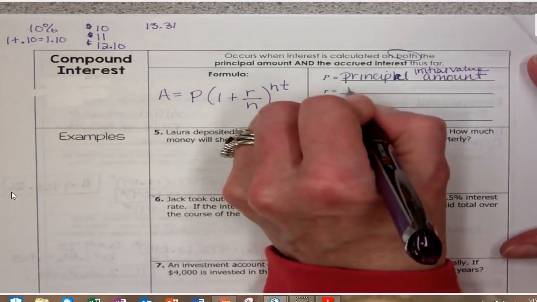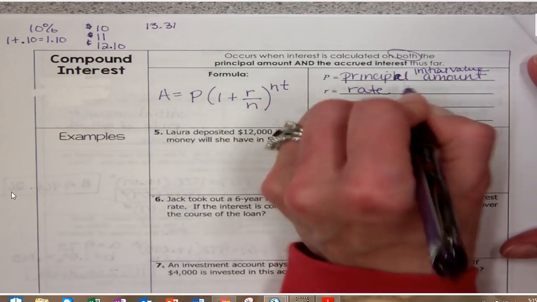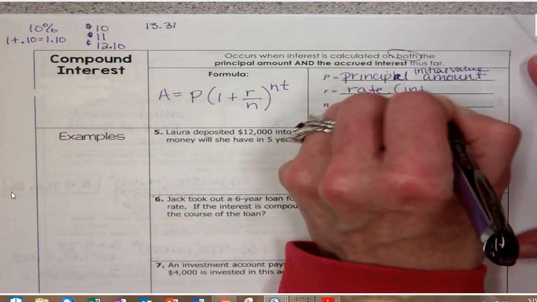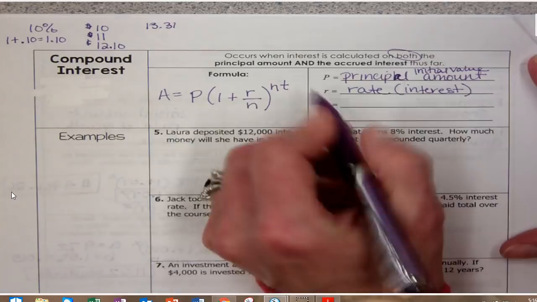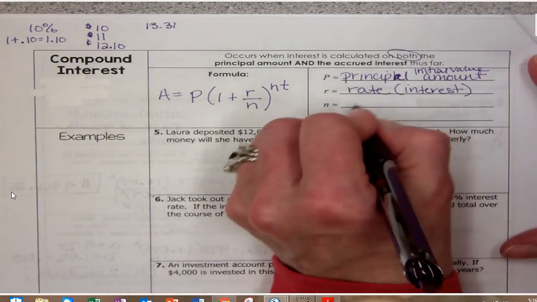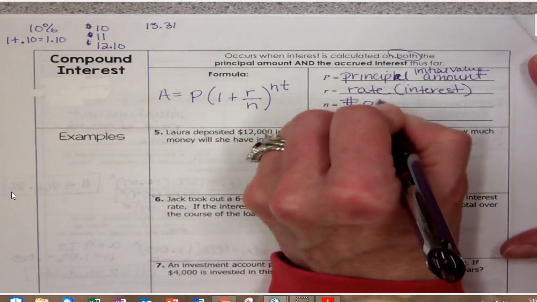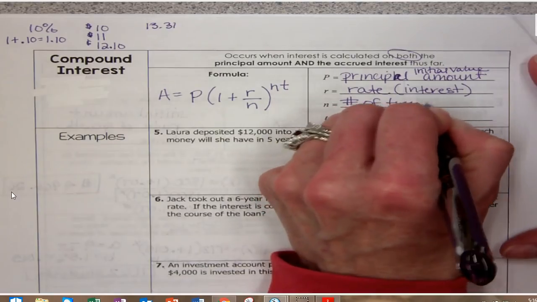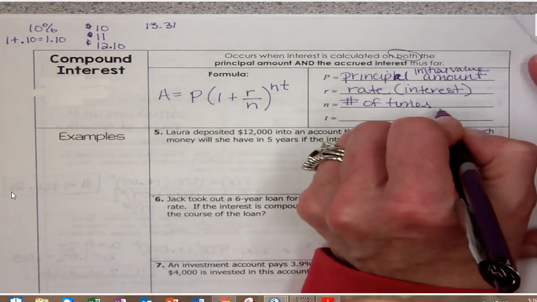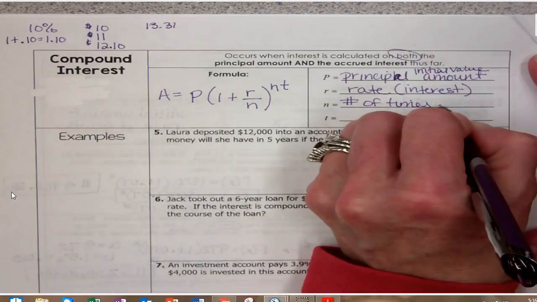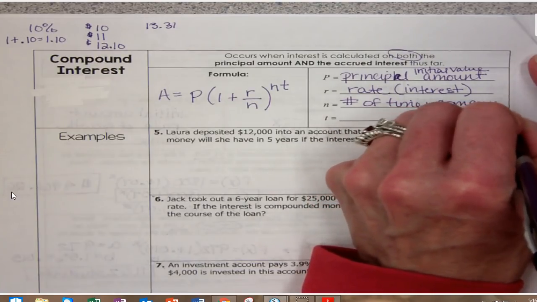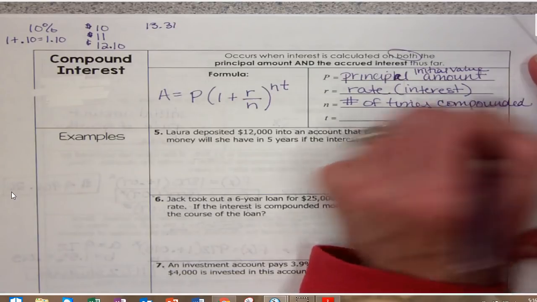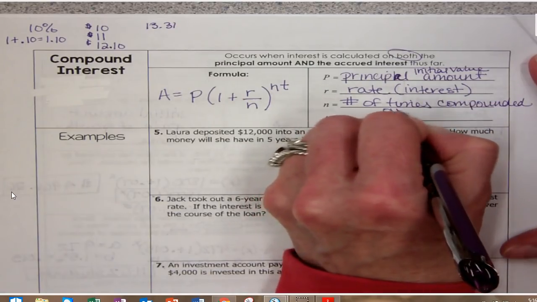R is the rate, the interest rate. N is the number of times it's compounded over a year.